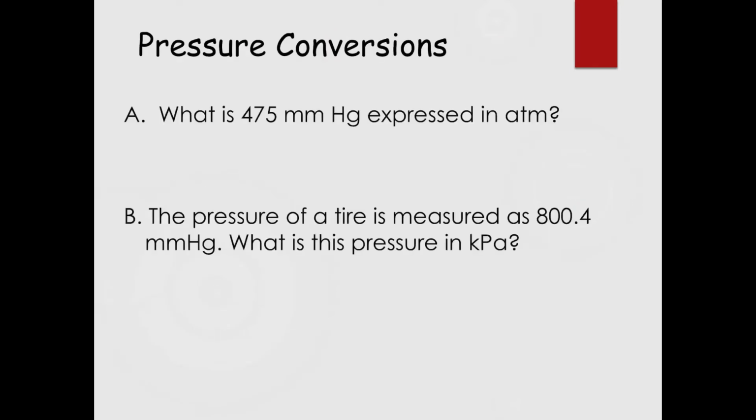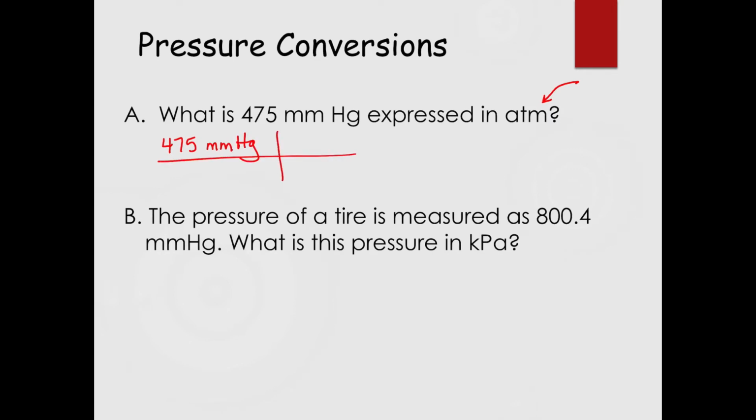For example, if we had 475 millimeters of mercury, and we needed to express it in atmospheres, which is really common, we're going to use atmospheres for most of our gas calculations. So you can do a quick little train track. We have 475 millimeters of mercury.